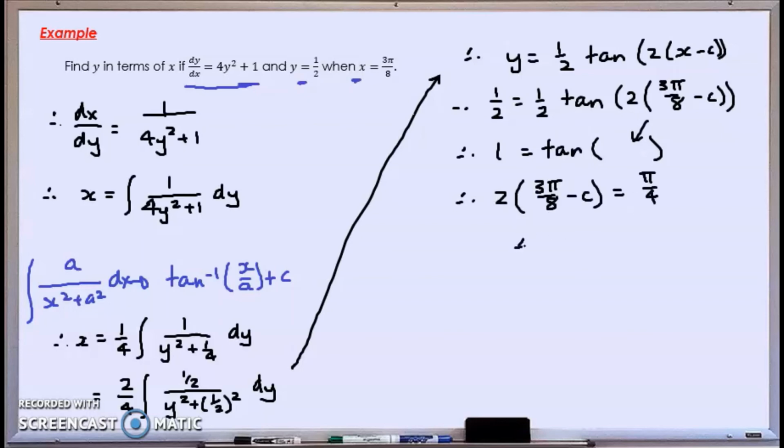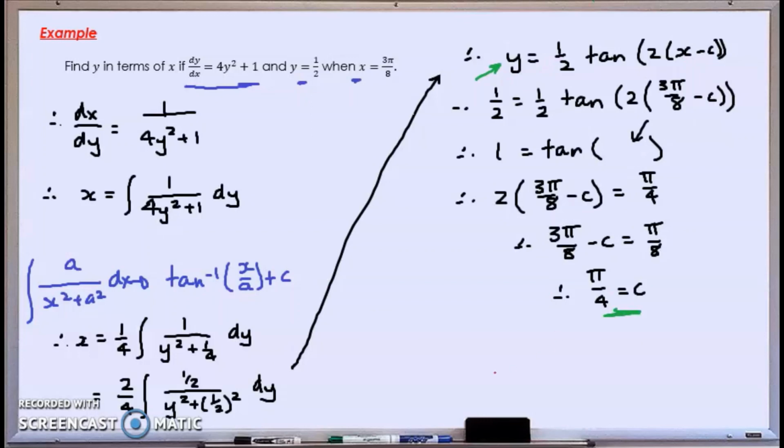And then I'm going to keep my algebra going. That'll be pi over 8. Then if c goes to the other side and the pi on 8 comes here, then I'm going to get 2 pi on 8, or pi over 4, is c. Which means finally, if I'm going to represent y in terms of x, then I'll substitute this c equals pi on 4 into this equation here.